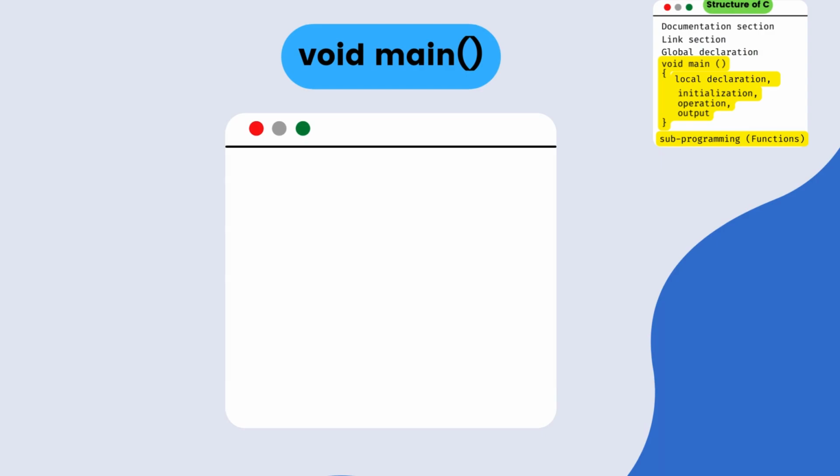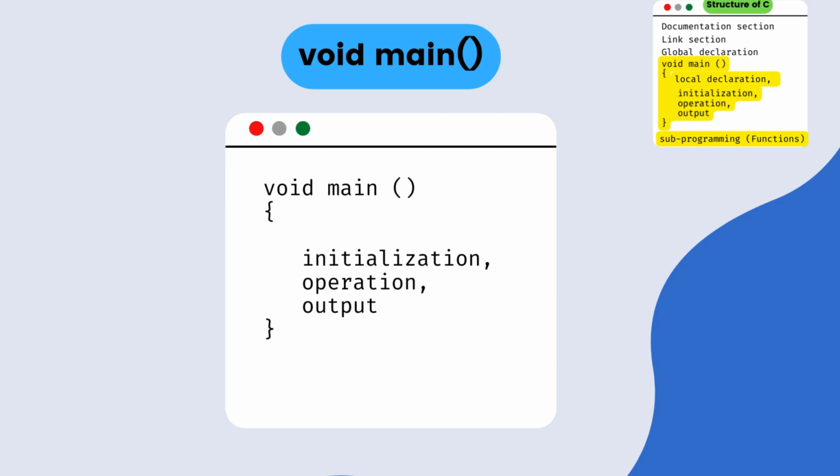In a C program, the void main function is the starting point. It's where everything begins. First, it sets things up by initializing variables. Then it carries out operations or tasks. Finally, it shows the results or output. So, think of it like this: the void main function is the director of a show.